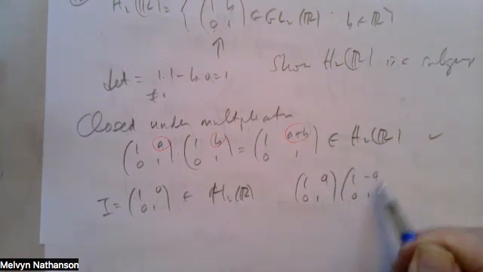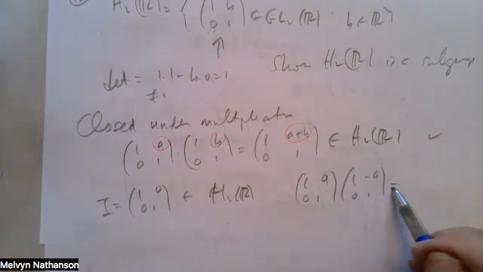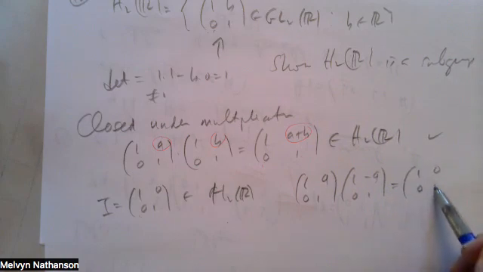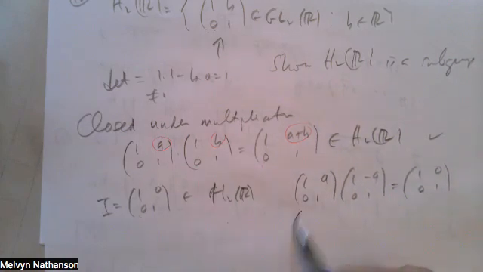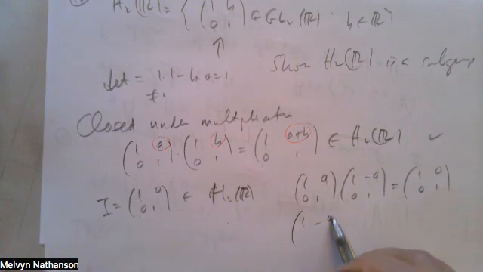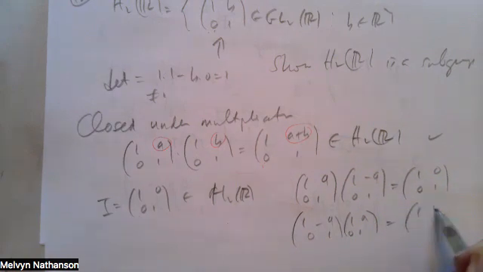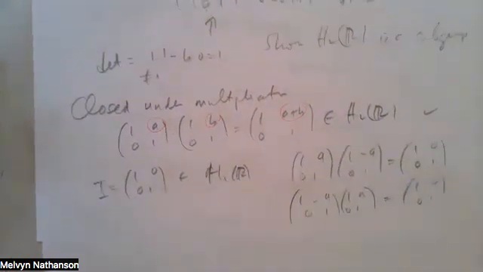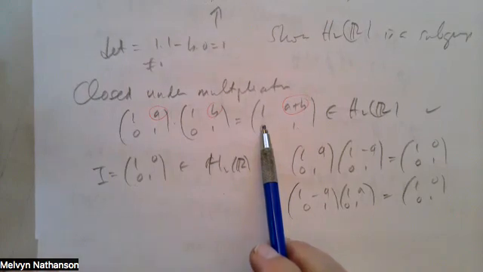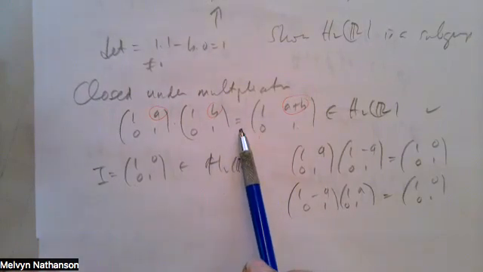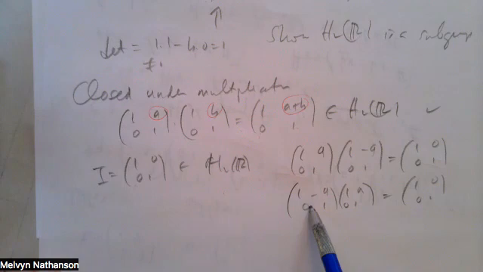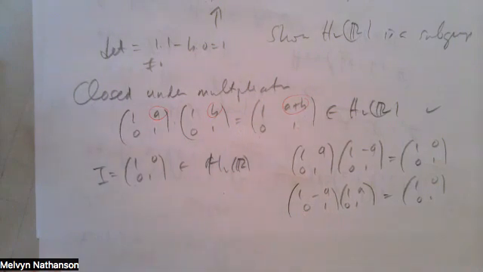It's [1, minus A; 0, 1], because if you multiply them, you can check, you get the identity, and in the opposite order as well. So this set of matrices is closed under multiplication, closed under taking inverses, and contains the identity. So it's a subgroup. And it's abelian.